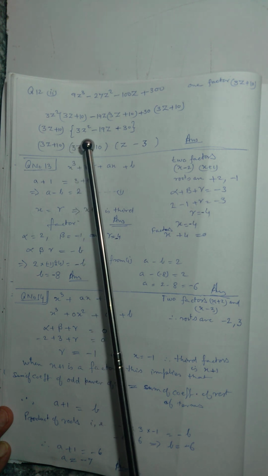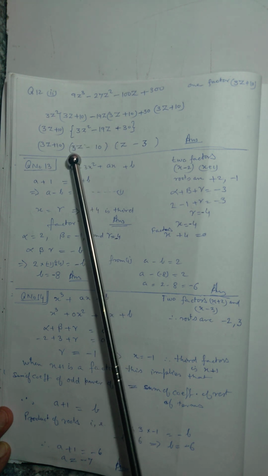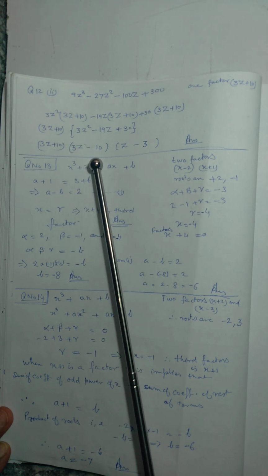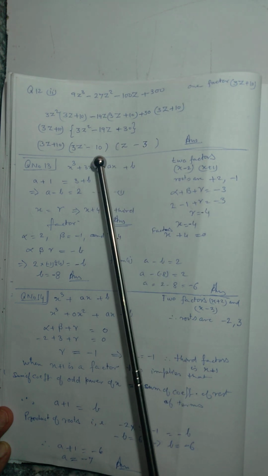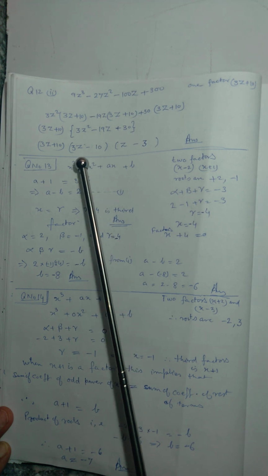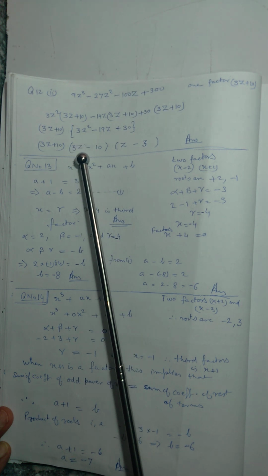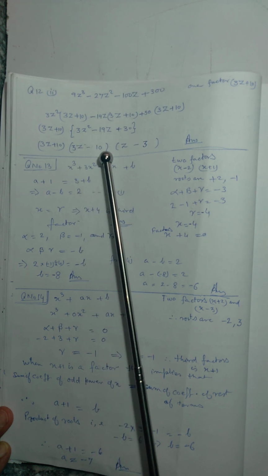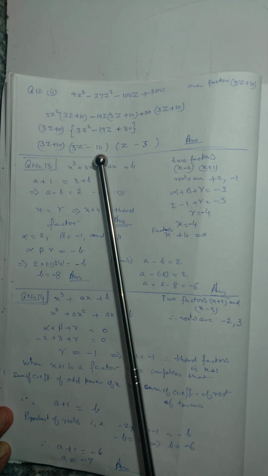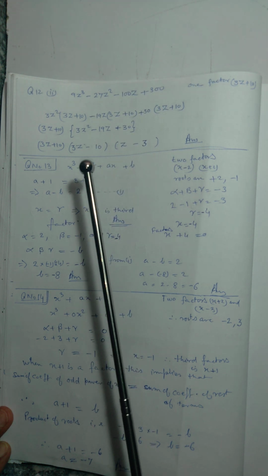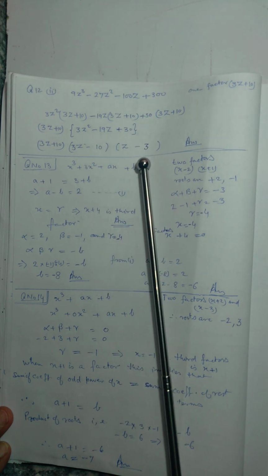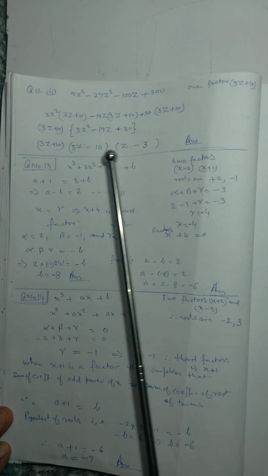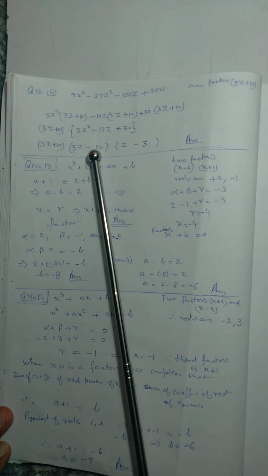You see, I have done here 3z minus 10 and z minus 3. Why have I not written minus 3 with the 3z? You see, the numerical value, or absolute value, of minus 10 is greater than the absolute value of minus 3. It should be greater.